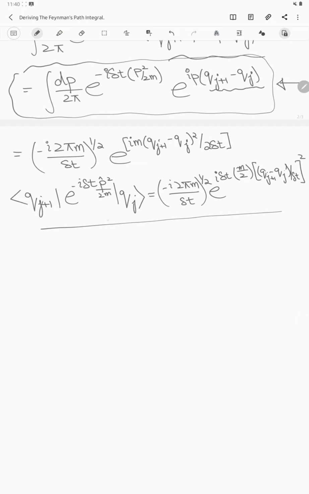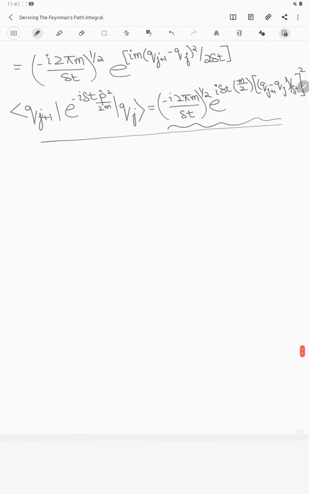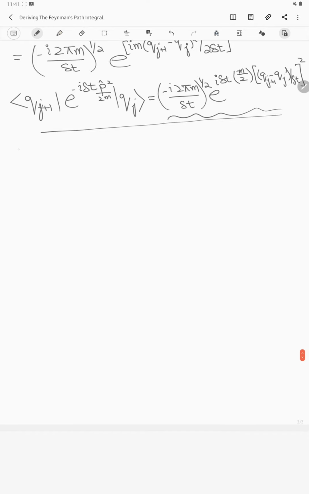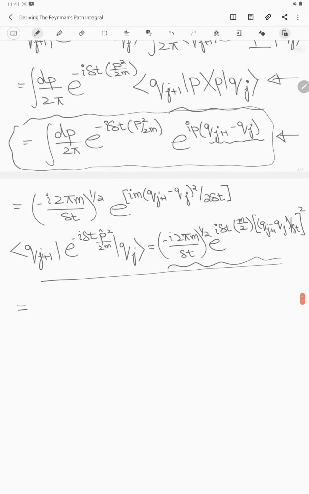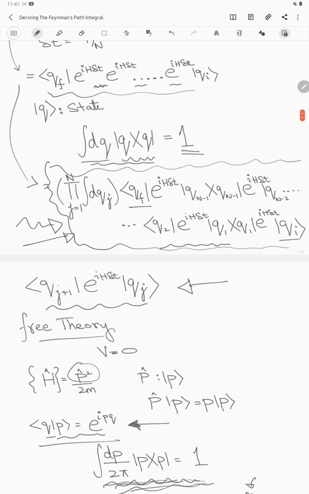Let's take this and put it back in this equation. So the whole thing, this whole expression, then becomes equal to what?